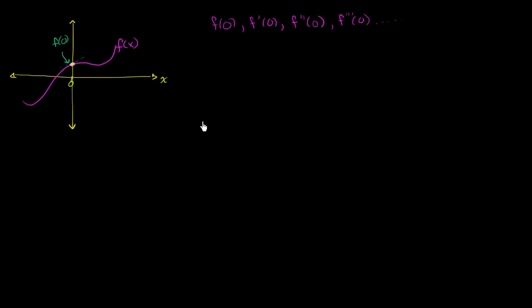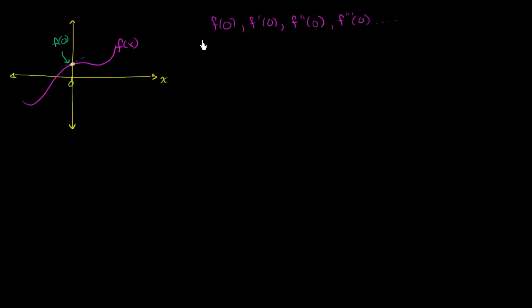So let's think about how we can approximate this using polynomials of ever-increasing length. So if we could have a polynomial of just one term, it would just be a constant term. So this would be a polynomial of degree 0. And if we have a constant term, we at least might want to make that constant polynomial, it really is just a constant function, equal the function at f of 0.